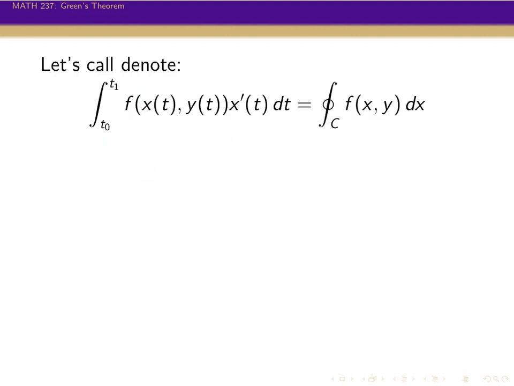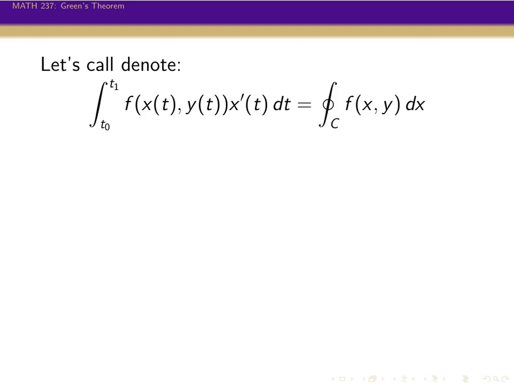This f component one is going to be a bit annoying to write out the whole time, so we're going to use shorthand. We're going to call this our f component, xy dx. So we're kind of removing the parameterization out of it.